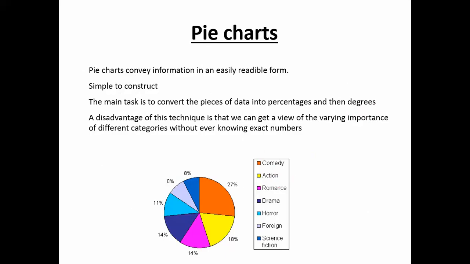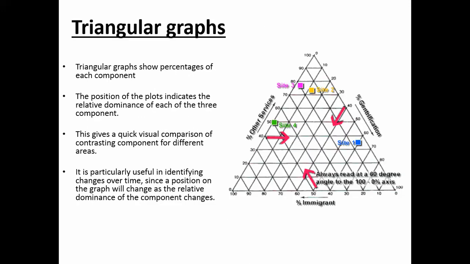Okay. Then we've got pie charts. A pie chart is a very simple chart, shows percentages, very easy to construct, easy to read, easy to see patterns, unless there's too much information, in which case they can become quite complicated. And often you'd lose the numbers because they don't show the exact figures. This is a very complicated type of graph, a triangular graph. You get these occasionally where you want to show the relationship between three different groups of percentages.